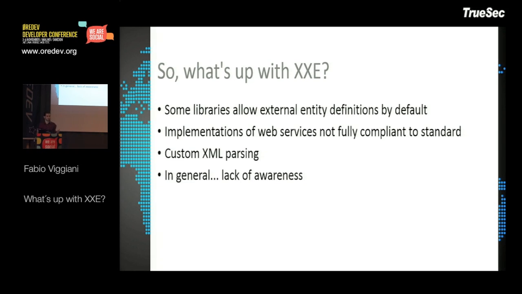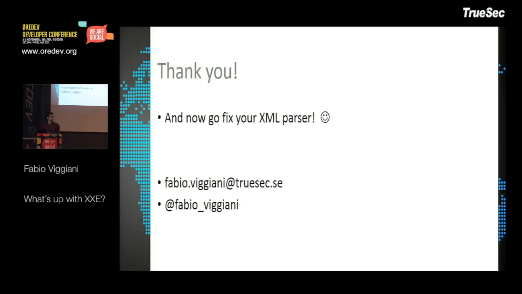So I think it's important to talk a little bit outside of that OWASP top 10 that we always talk about, experiment with other things too, and try to take this message out. So that was it for me. Now you can go home and make sure your XML parser doesn't allow inline DTDs. Any questions?